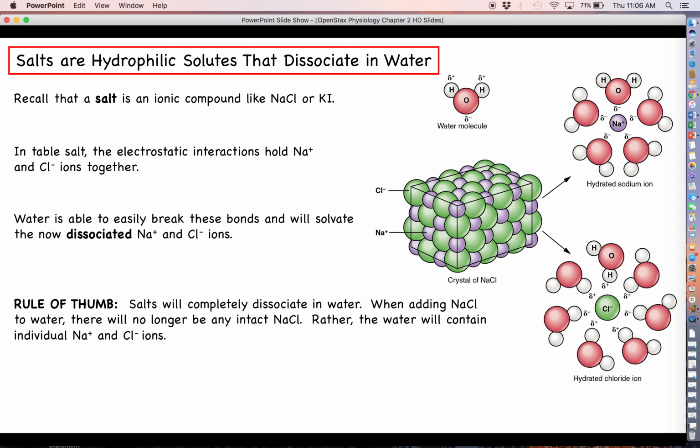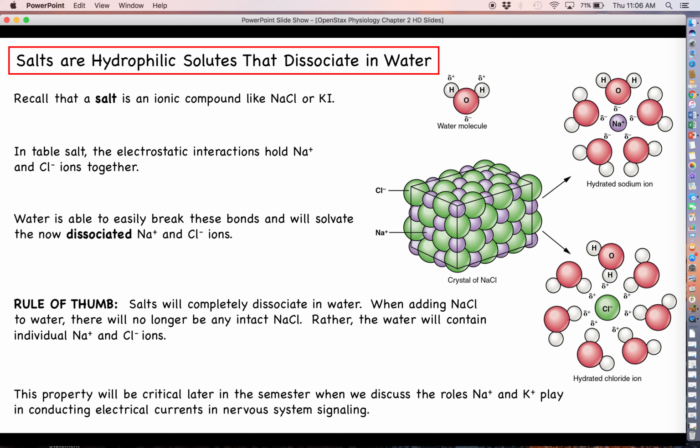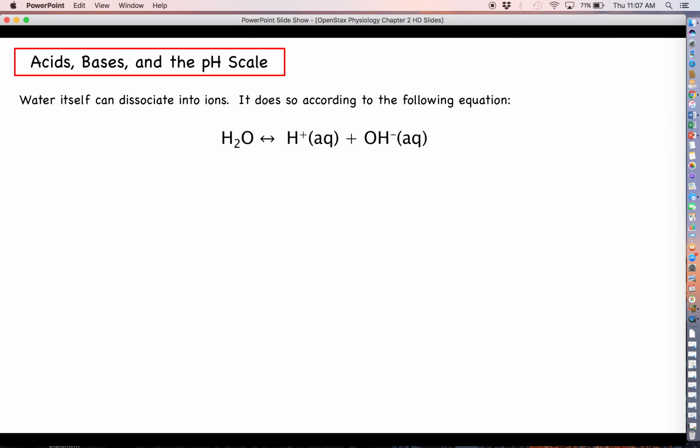So a good rule of thumb, salts are always going to completely dissociate in water. Meaning when you add sodium chloride to water, there is no longer sodium chloride. It's no longer together. So you have individual sodium and chloride ions. Again, as I mentioned before, this is going to be critical later in the semester because of the electrical charge of these ions. This is going to allow for electrical currents in the case of things like nervous system signaling.